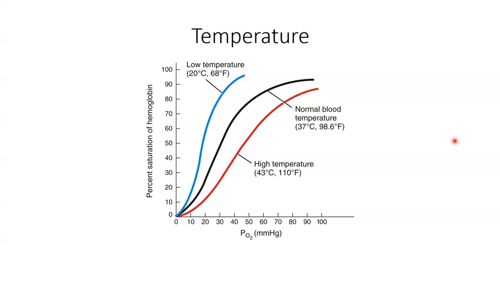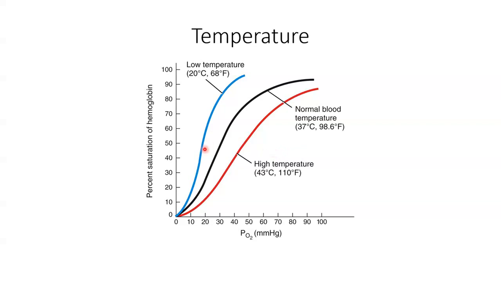So again, just thinking about this logically, if tissue cells are active, they're producing more heat, they're going to require more oxygen. If these higher temperatures move this dissociation curve to the right, it means less oxygen is bound to hemoglobin, so that more is available to diffuse into the tissue cells.